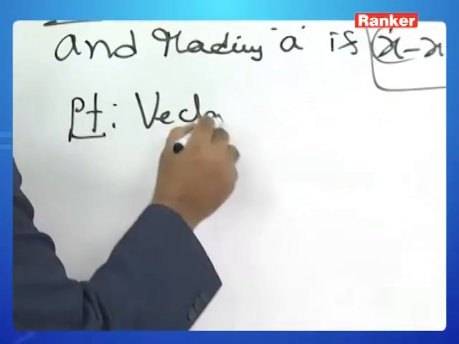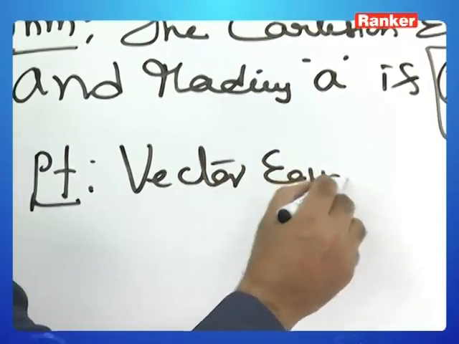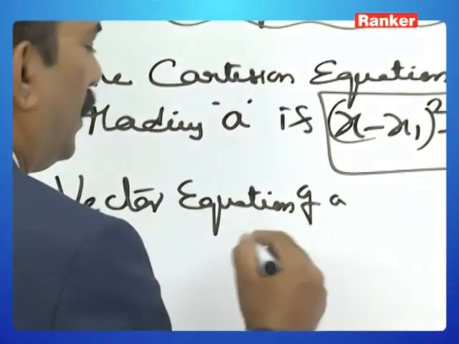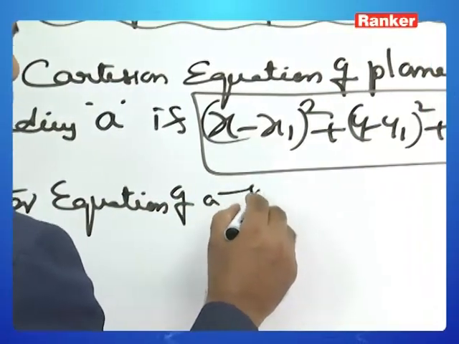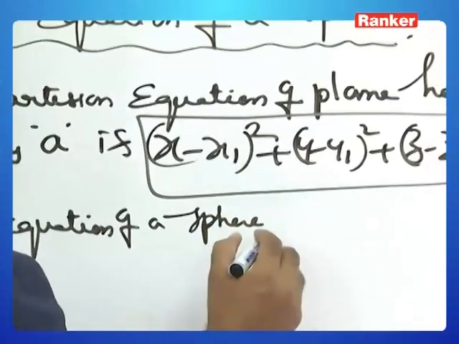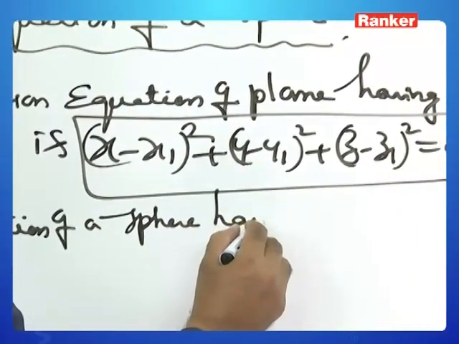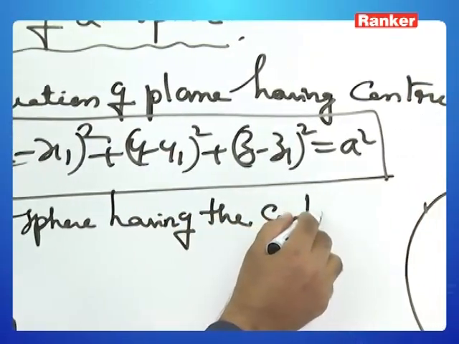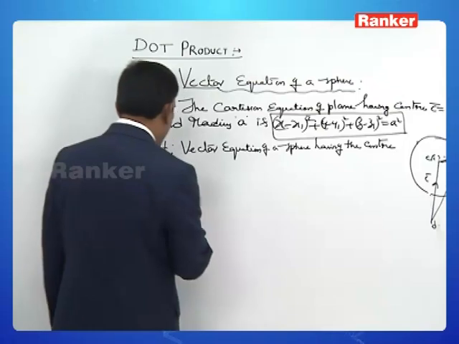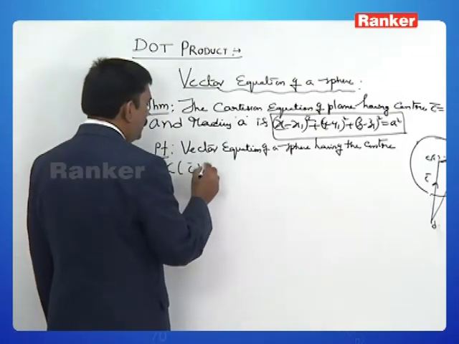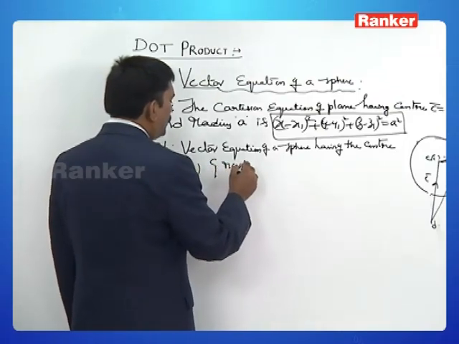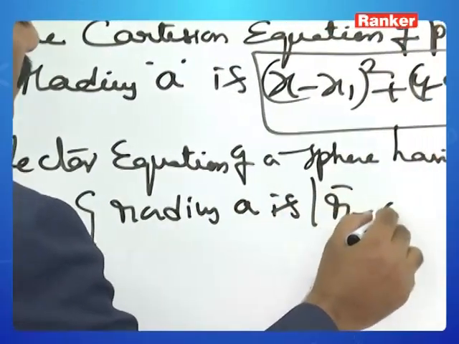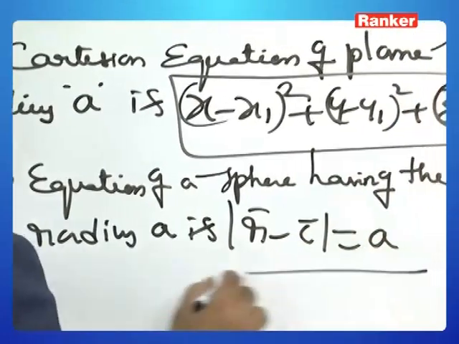The vector equation of a sphere having the center C of C bar and radius A is modulus of R bar minus C bar is equal to A.